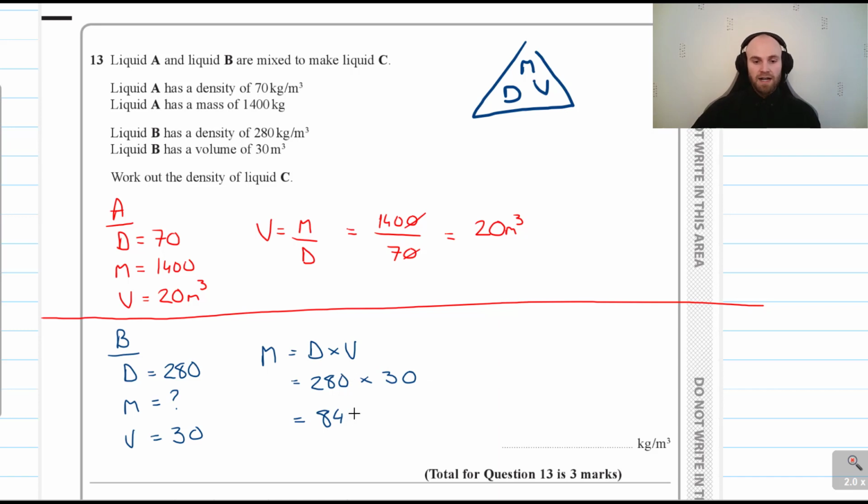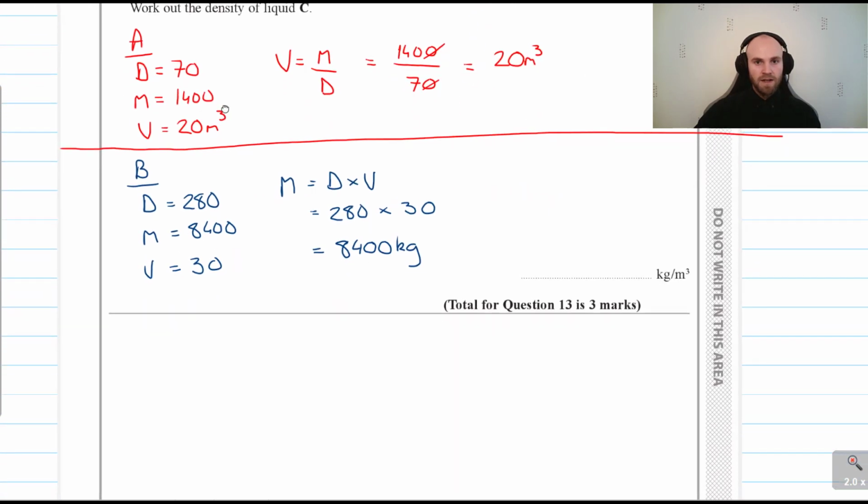And then we're just going to add on the two zeros. And don't forget, we're talking about mass here, so mass is going to be in kilograms. And again, I'm just going to add that in. So we're going to have 8,400.